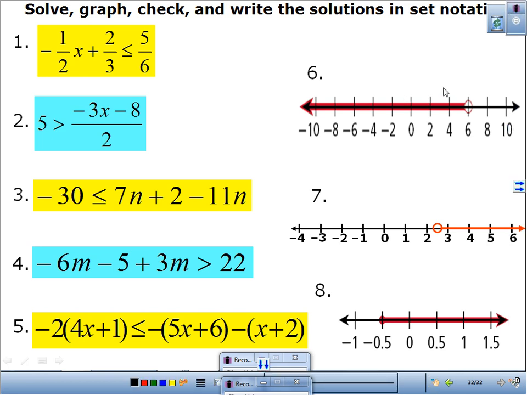So, number 6. I said to write an inequality, you do 2 things. The first one, you write the variable. Doesn't matter which variable you use. I'm going to use my initial, Q. And you use the dividing point, which is 6. The second thing, check a point from the shaded region or the solution set.